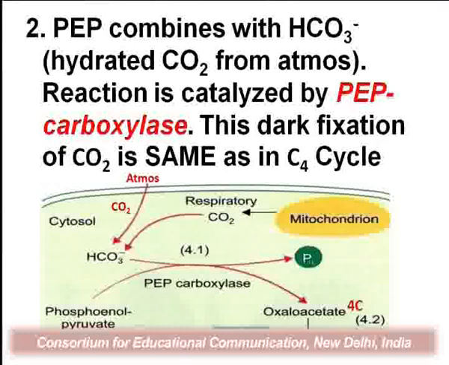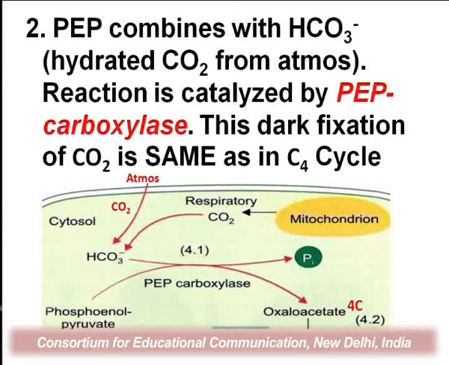How does the fixation take place? In the second step, this 3-carbon compound, phosphoenol pyruvate, combines with bicarbonate ions. If you remember, the bicarbonate ions are the ones which are taken up.